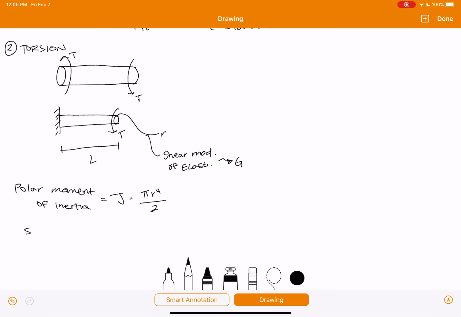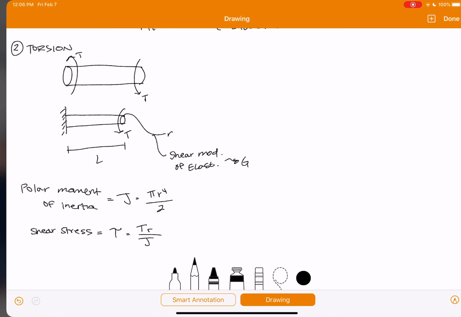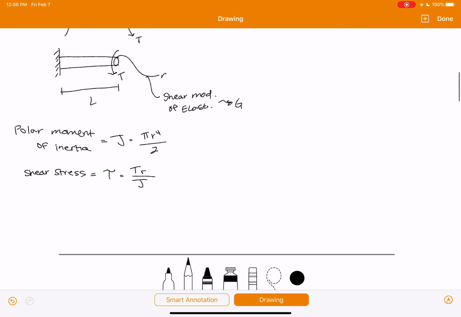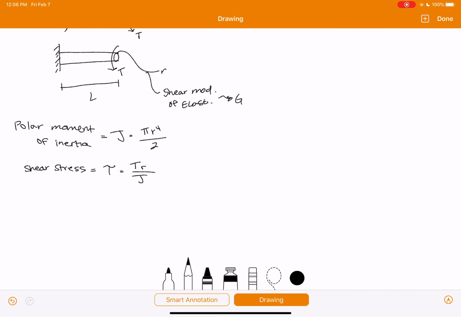Then you can find the shear stress. We use the Greek letter tau to represent that, and you're going to get your torque times the radius divided by that polar moment of inertia. And then finally, we can find our angle of twist.